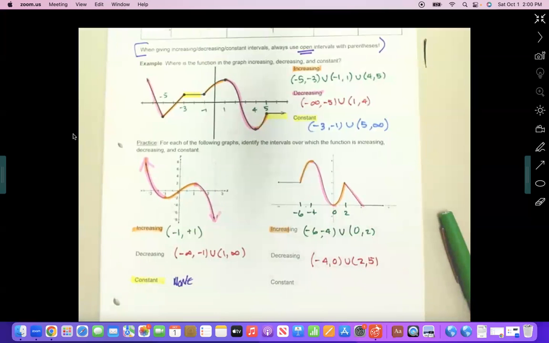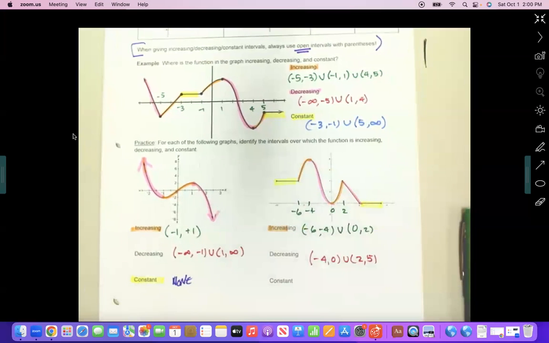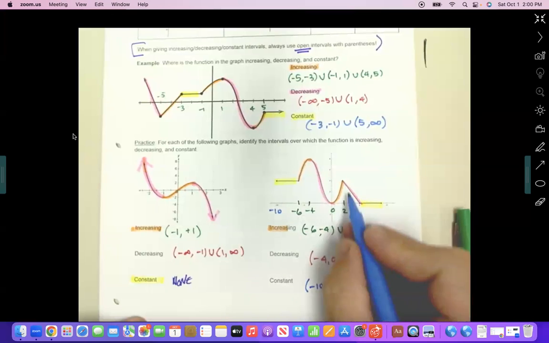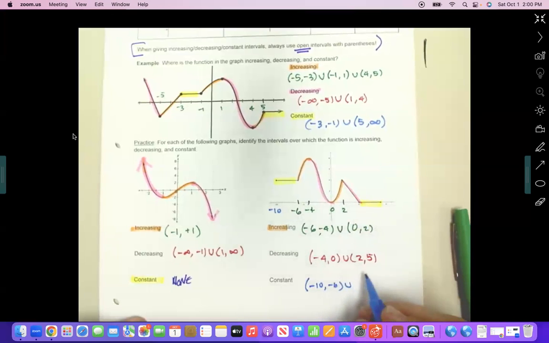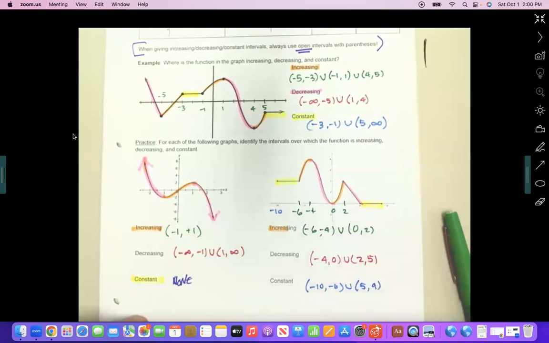This one happens to have two spots where we are constant, and those are from -10 to -6, and then right here at the end of that decreasing interval at 5, and then stops at what appears to be 9.